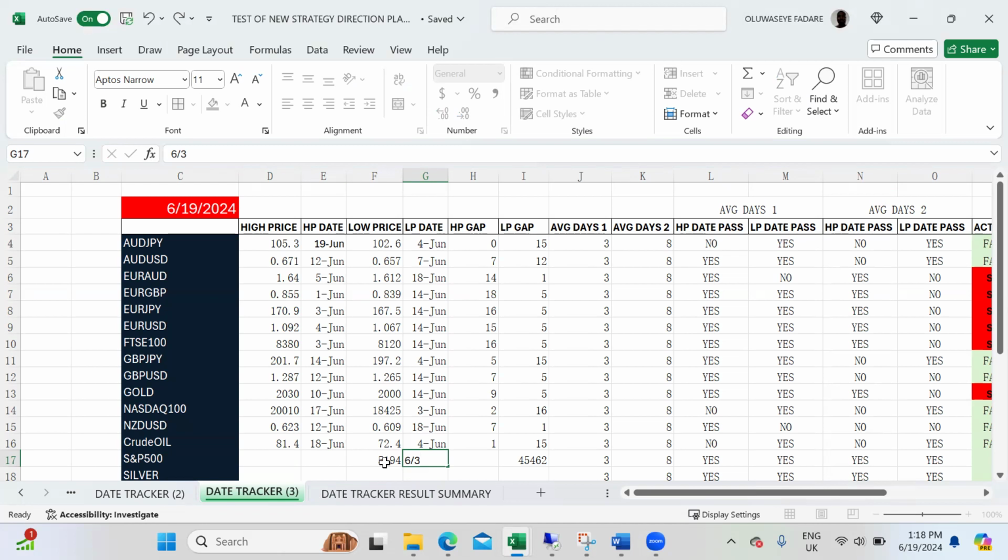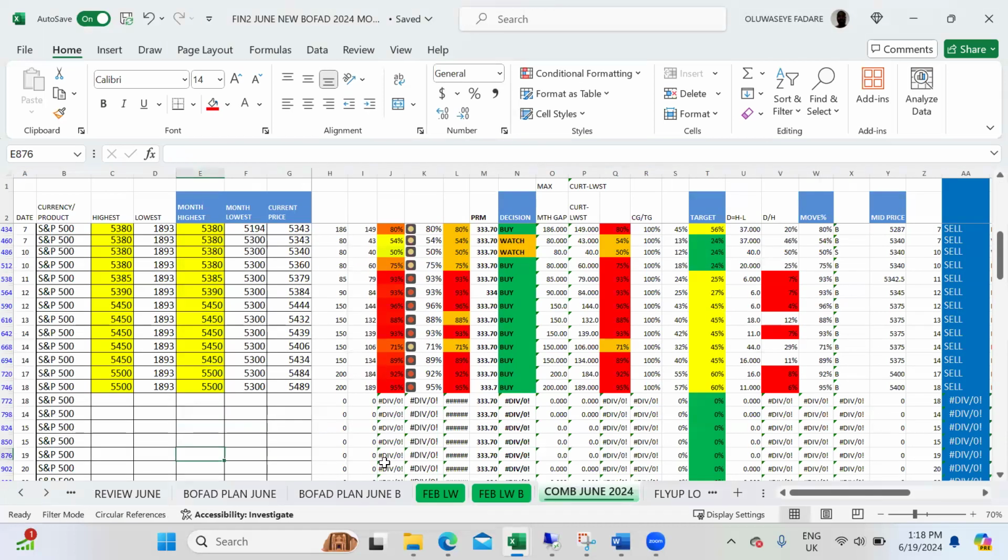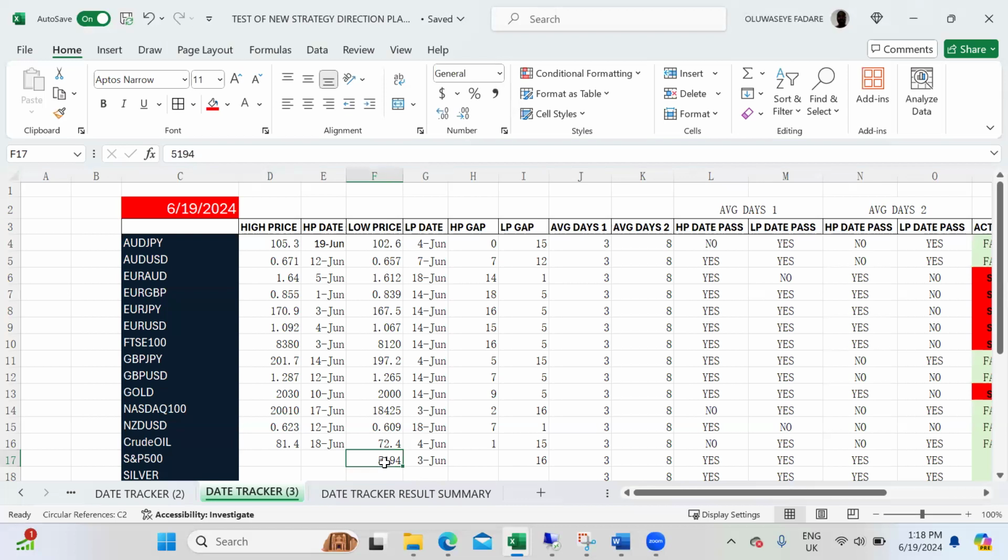And then the highest price, I think, was achieved yesterday or so as well at 5,500. Oh, still 5,500. Okay, but I think today it's gone higher. So 5,500 on the 18th. So same thing. Unlike the previous one, this will be a buy.